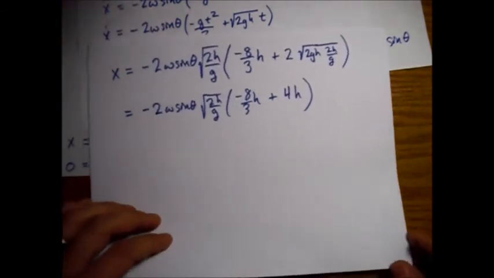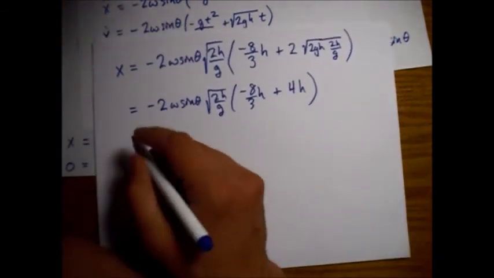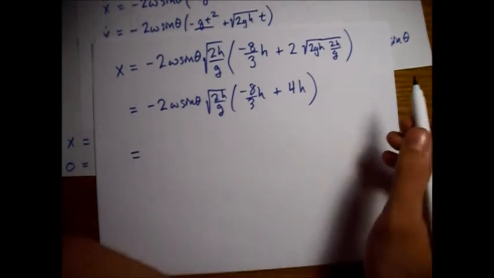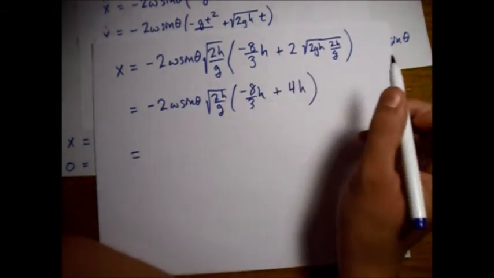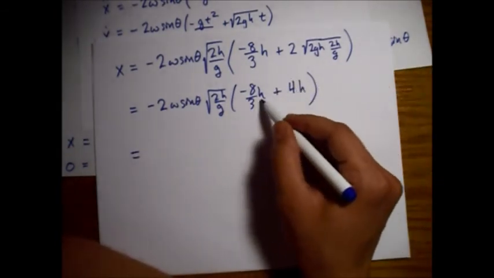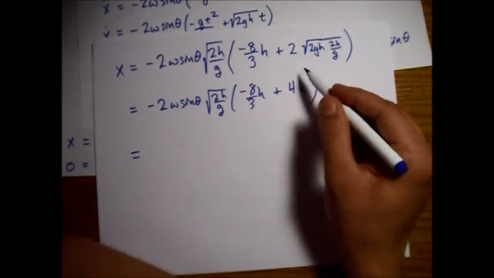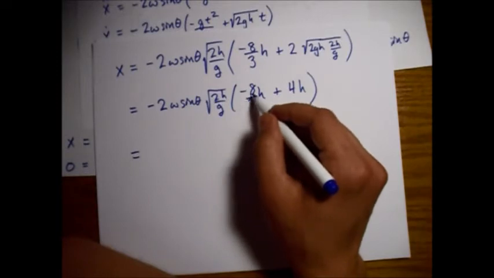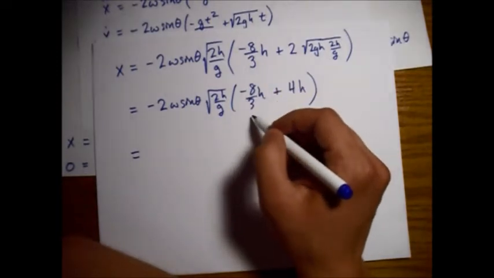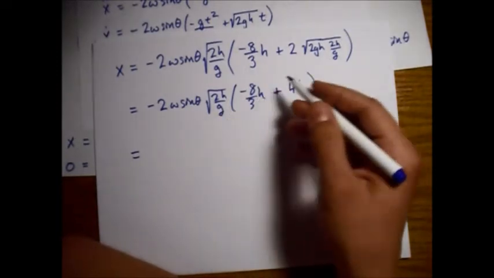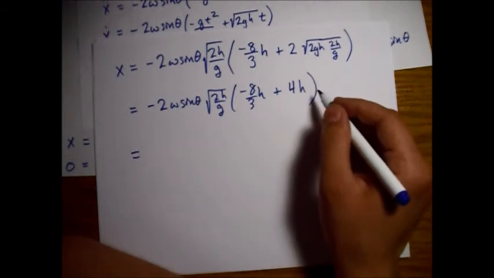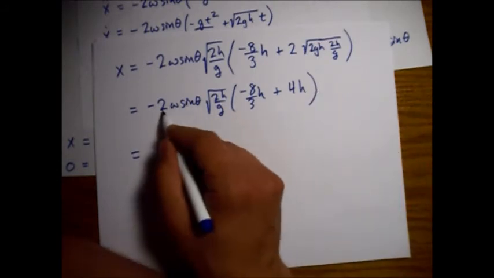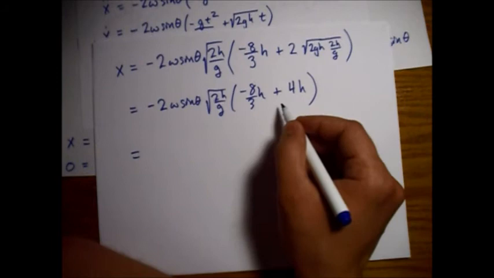Alright, so let's go ahead and look at this. Putting this over the common denominator, we'll have a 12 over 3 minus an 8 over 3, so we're left with just a 4 over 3. And multiplied by 2, that's a minus 8 over 3.